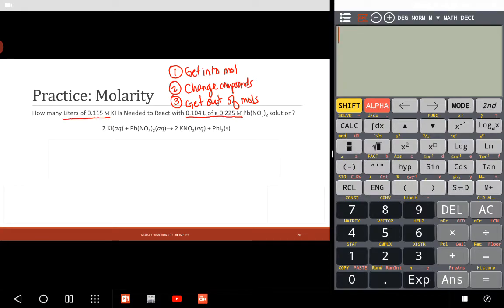We are given liters of that. So we're going to be using the molarity of the Pb(NO3)2, the lead nitrate solution, to get into moles. We're going to change compounds using the molar ratio, because that's how we always change compounds. And then we're going to get out of moles, and this time we're going to use the molarity of the other solution.